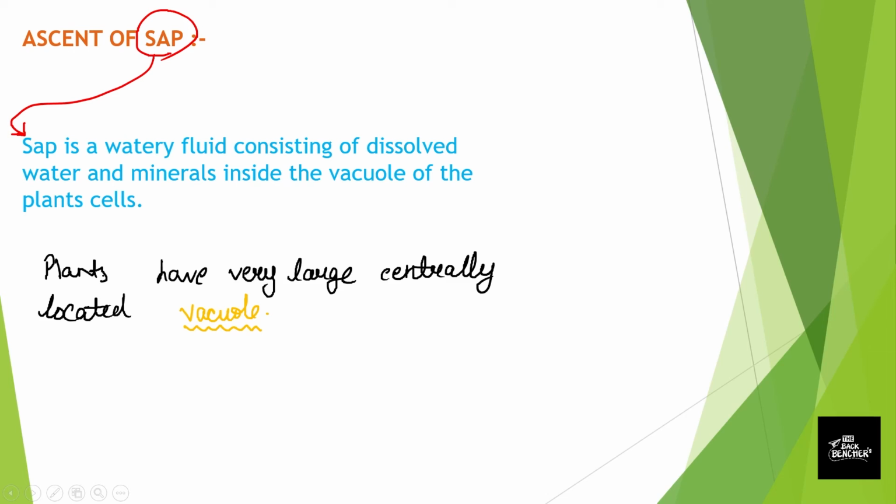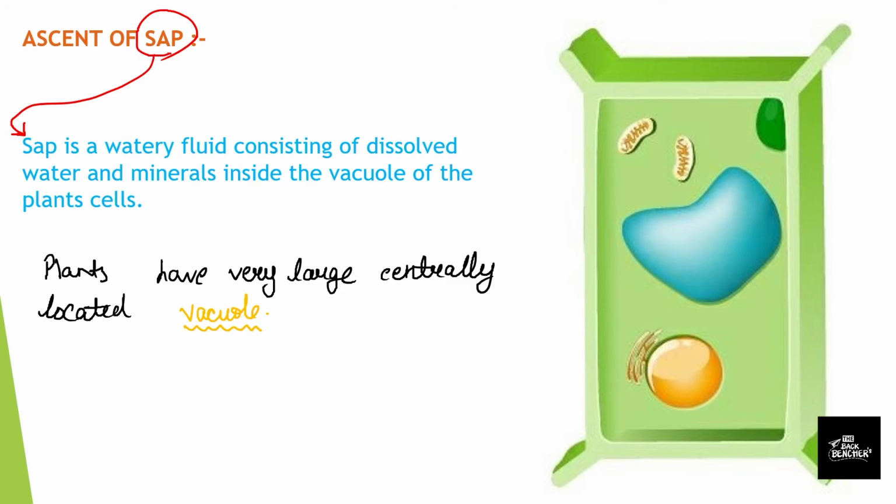Okay, now let us have a look into the diagram. This diagram is a complete plant cell. It is showing some of the cell organelles. It is not important to focus on the cell organelles now because we have to take care of the vacuole. We can see that this thing is the vacuole. I'll highlight that for you all.